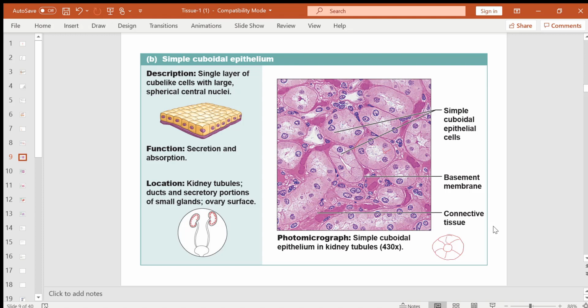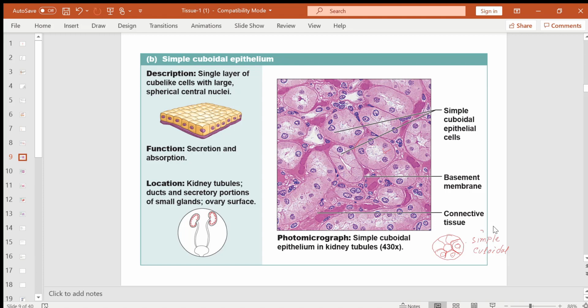So this is one cell here, this is another cell, this is another cell and nucleus. So the wall of this tube-like structure or duct is formed by a single layer of cuboidal cells. So this is simple cuboidal.